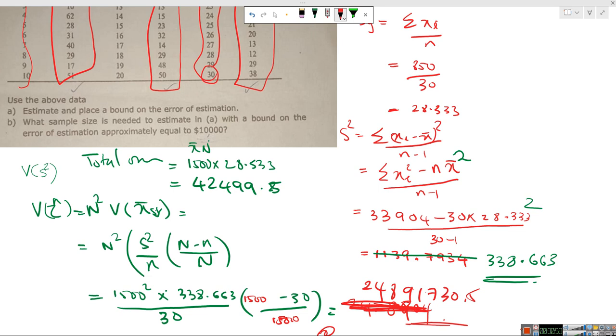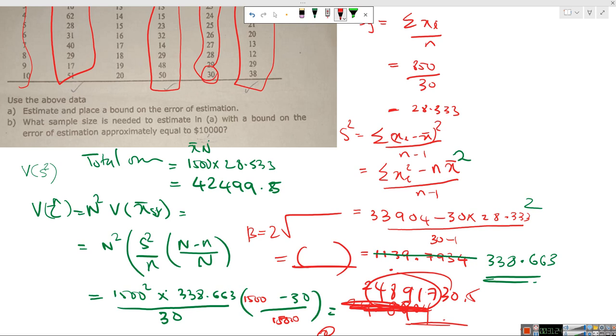And we have to place the bound on error. B is equal to 2 into the square root of this value, and you can find that value also. In the B part, what sample size is needed to estimate the total with a bound on the error of estimation approximately equal to this one. So B is given as this, right? Using that, we have to find out the sample size.